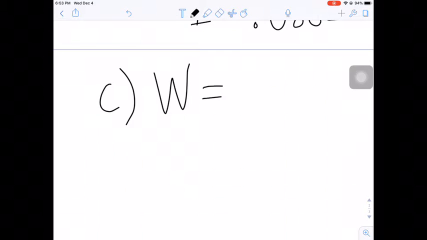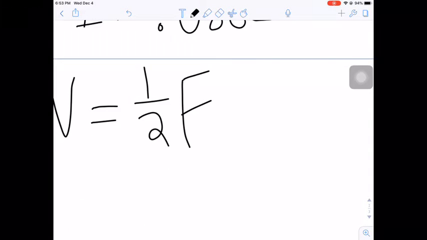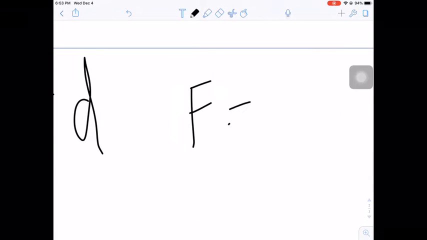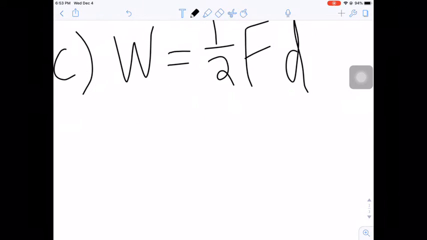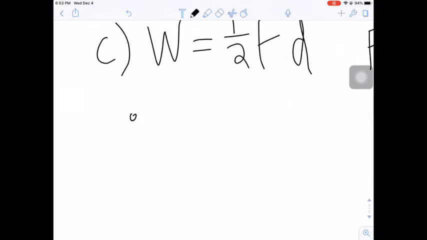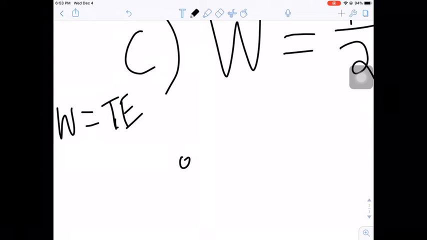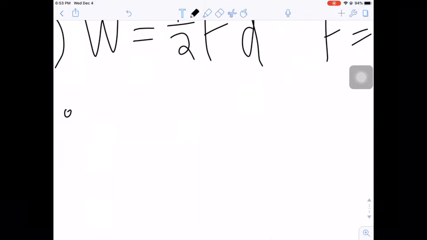So we can say 1/2 the force that's doing the work times d. We need the force in order to find acceleration, so we can use F equals ma. We'll solve for force here and then plug it into that equation. This is also where some students get messed up: work is equal to the total energy here. So we just solve for the total energy, and we can put that in for work.